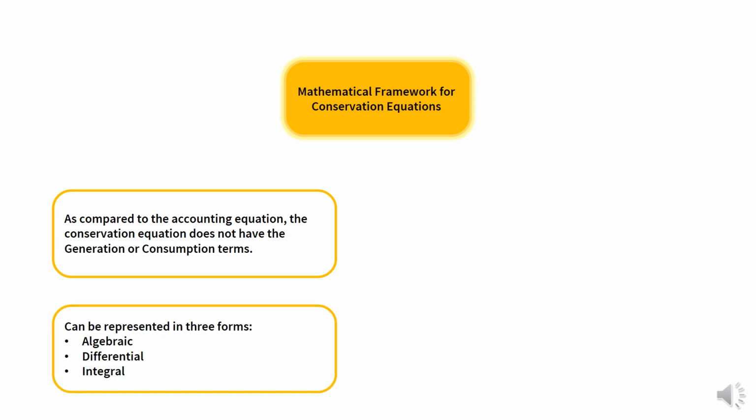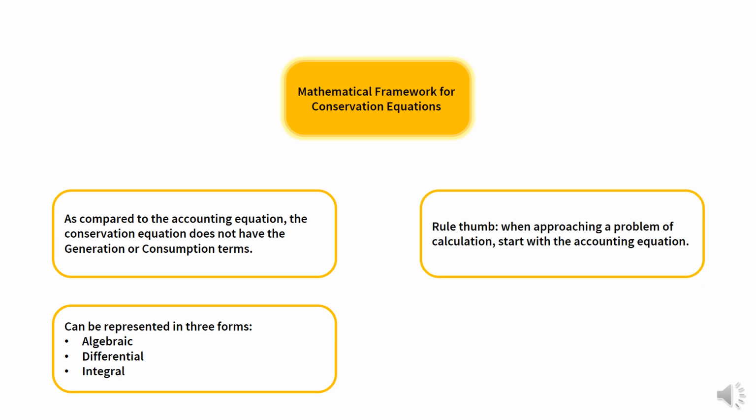The conservation equation can only be applied to a subset of the extensive properties that we already discussed in the previous module. Like the accounting equation, the conservation equation can be represented in three forms: algebraic, differential, and integral.